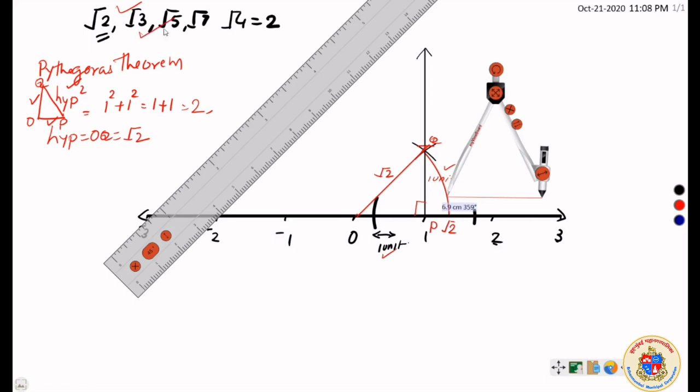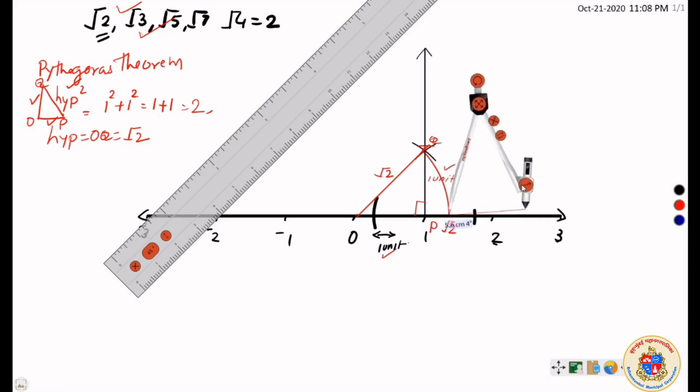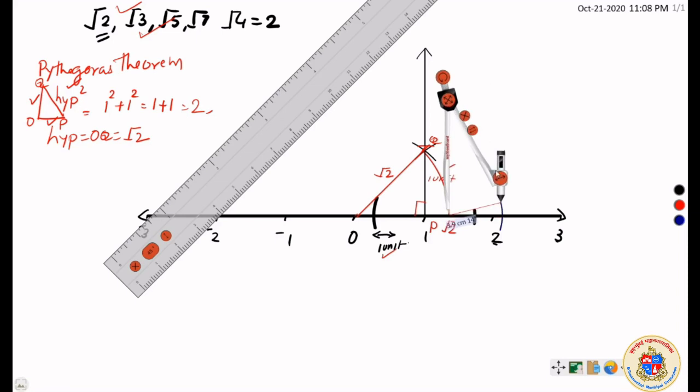Next comes root 3. How to draw it? The technique is again applying the same type of common sense, in such a way that I draw a perpendicular at root 2 now. For that, I should draw arcs on both sides. Expansion increased. Keep here.